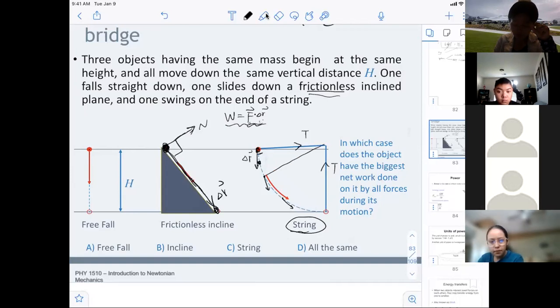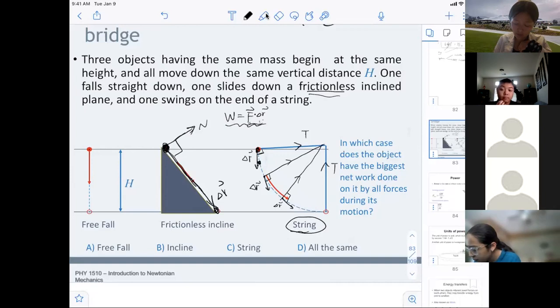So you can see that no matter which instant you look at it, the tension is always perpendicular to your displacement vector along the path. So overall, again, there's no work done. So no work done by tension, and there's no work done by normal force.